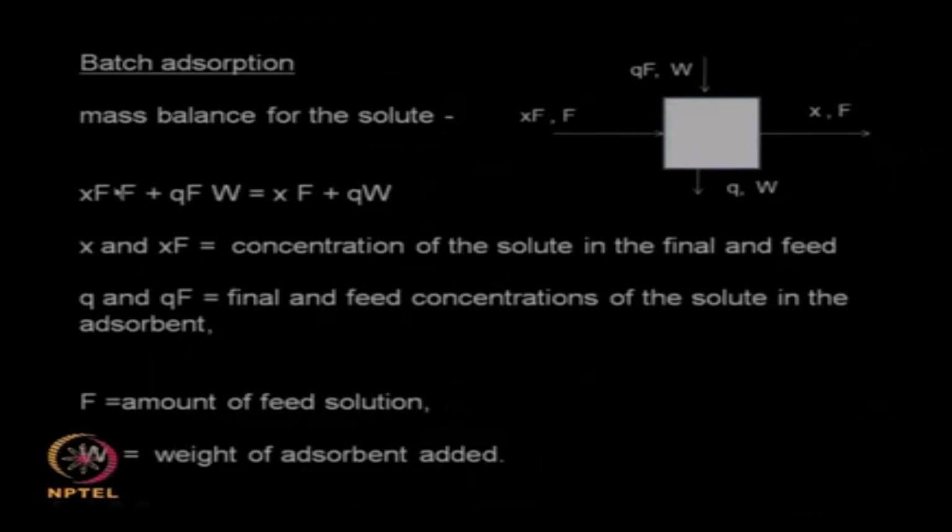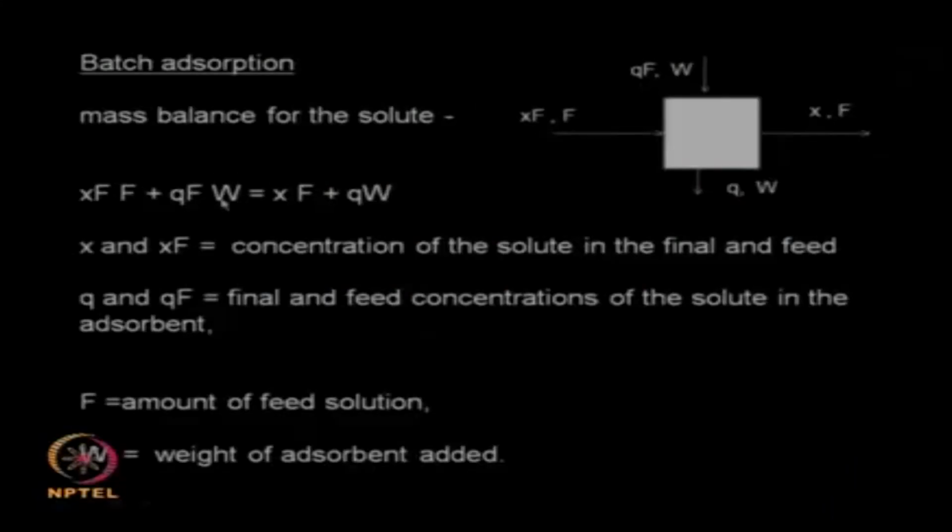Like I explained in the previous class, we have XF, the concentration of the solute or the adsorbate, and F is your feed solution. Similarly you have X, the concentration of the solute or adsorbate leaving, and F again is your feed solution. We will assume that there is no change in the amount of the feed solution.